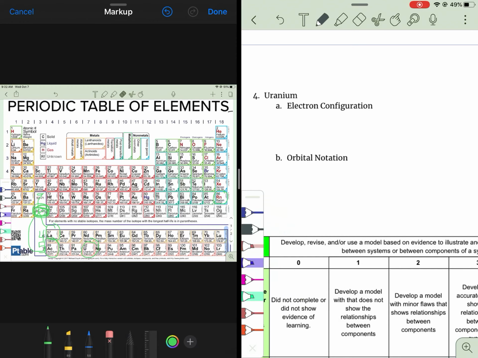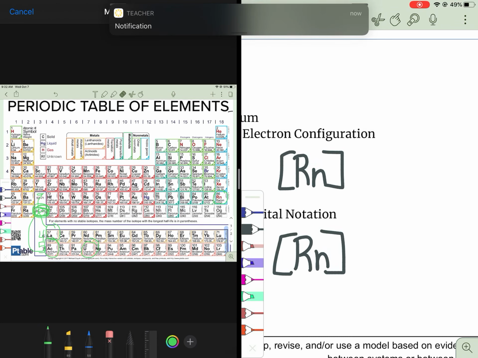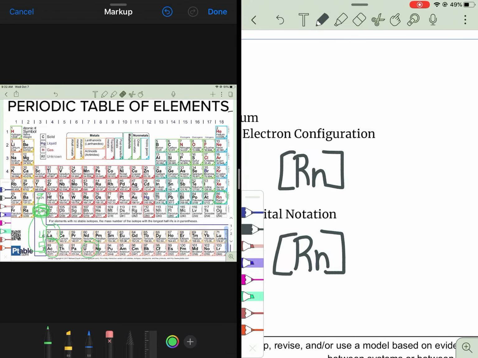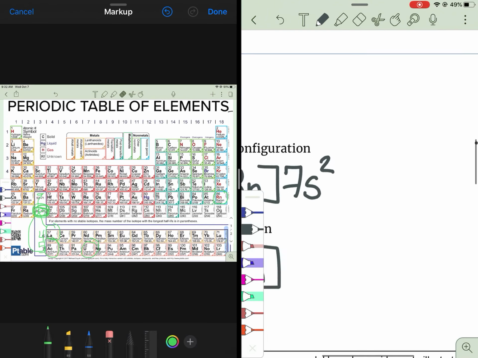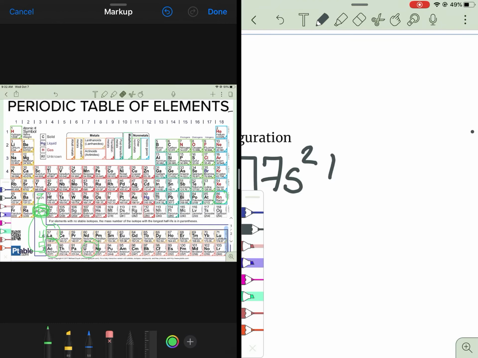Just let me know. So with that, we would have to go to the last spot that we went through. After radon, we'd go 1, 2, 3, 4, 5, 6, 7. We'd be in 7s2, because we go through both, and then we drop down to 5F4.